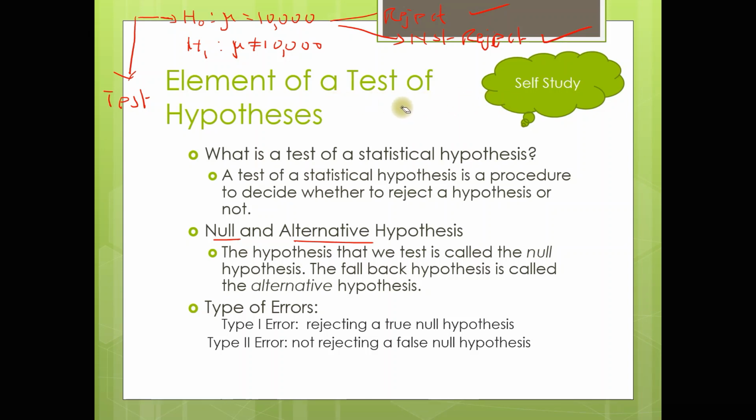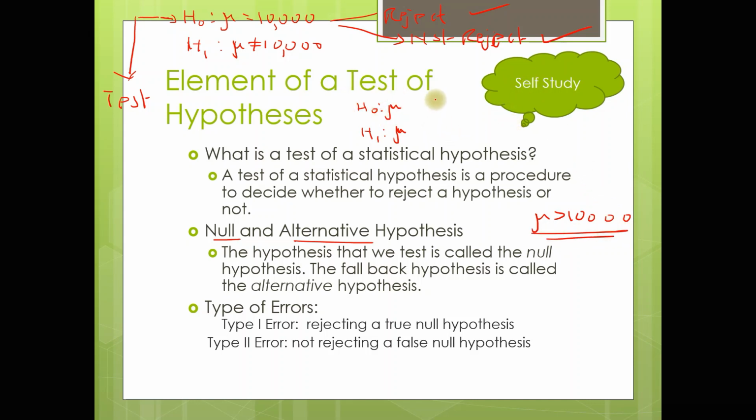Let me erase that and write it down there. So you have a null and you have an alternative. You believe that the average claim amount is more than 10,000 rupees.